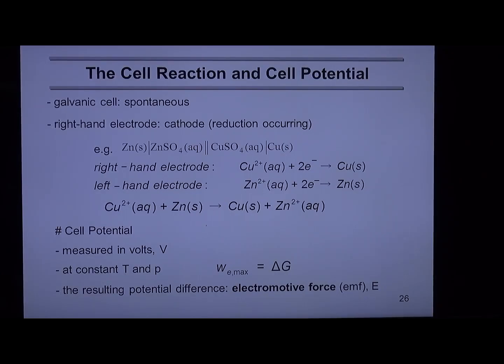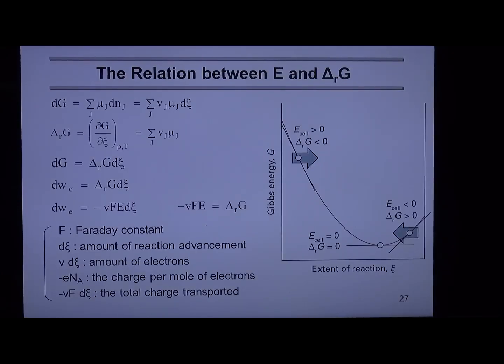And let's derive it. Why it is true, and how the electrical potential of an electrochemical cell is related to reaction Gibbs energy. Actually, let's first look at the result. This is the result. Reaction Gibbs energy corresponds to minus nu F E. Here, E is the electrical potential of the electrochemical cell, so they are related by this simple equation.